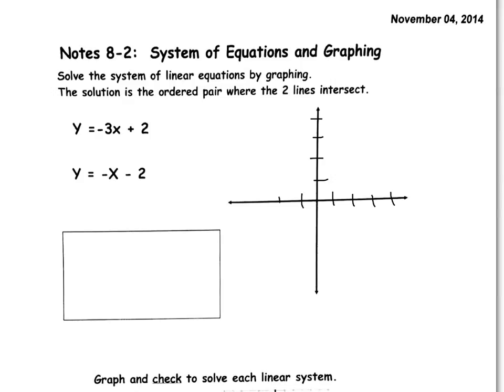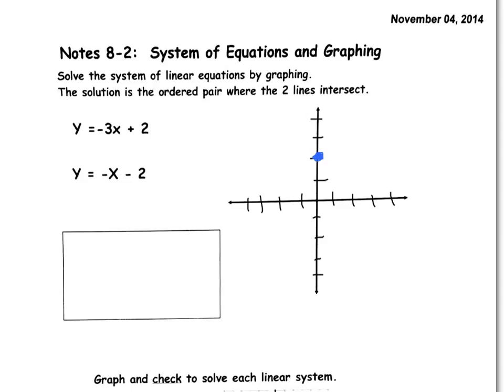Trying to be careful here to make them somewhat perfect. Okay, so now I'm going to graph this line first, starting with the y-intercept and then doing the slope. The y-intercept is 2, so I'm going to put a dot here at 2.